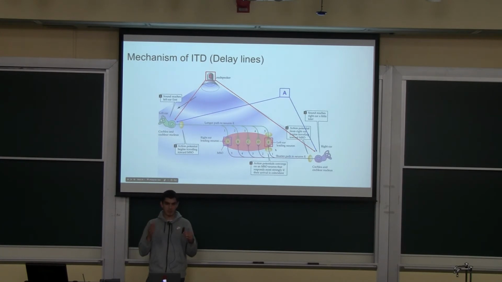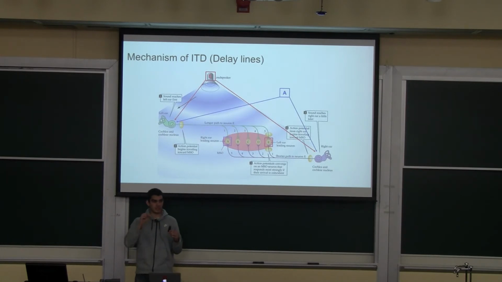So there's a map of ITD. So not only do neurons respond to characteristic delays, if I go into the MSO and probe a neuron, but there's a map in terms of how they're positioned, lining up with the different delays.